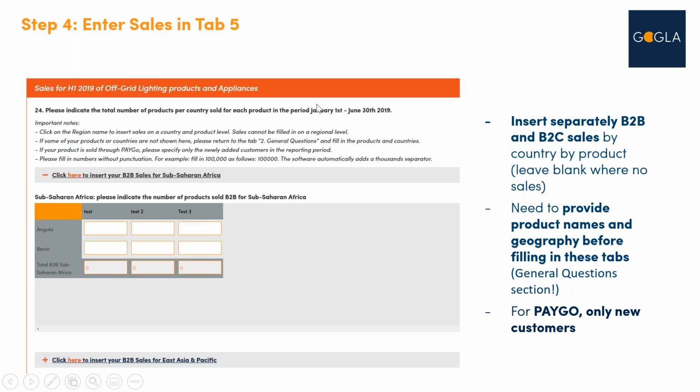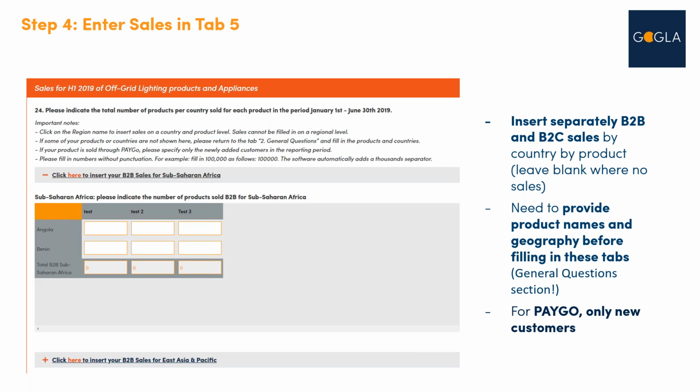I see I didn't update the screenshot. This should be a different round. We do this every 6 months. Now for Paygo products, it's important that you report only the newly added customers in this reporting period. That's to ensure that we see incrementally how many products have been sold.